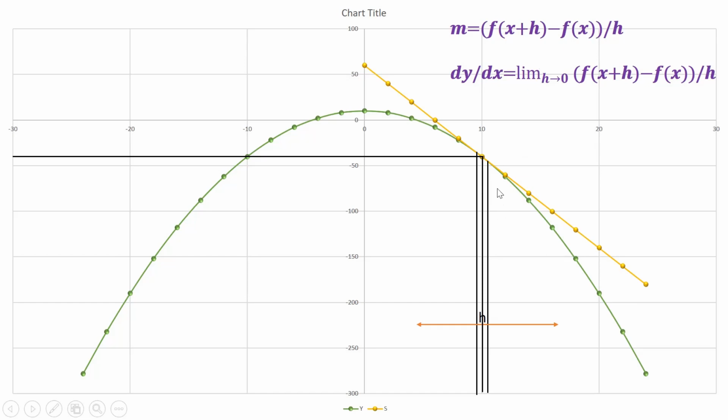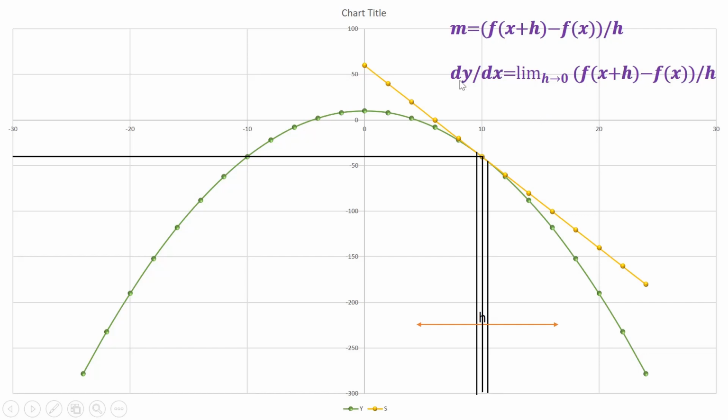So in differentiation, the first principle is that we can find the slope of a curve at a point by using the slope of the straight line that is tangent to that point, provided h is so small, provided h approaches 0, provided the limit of h is 0.